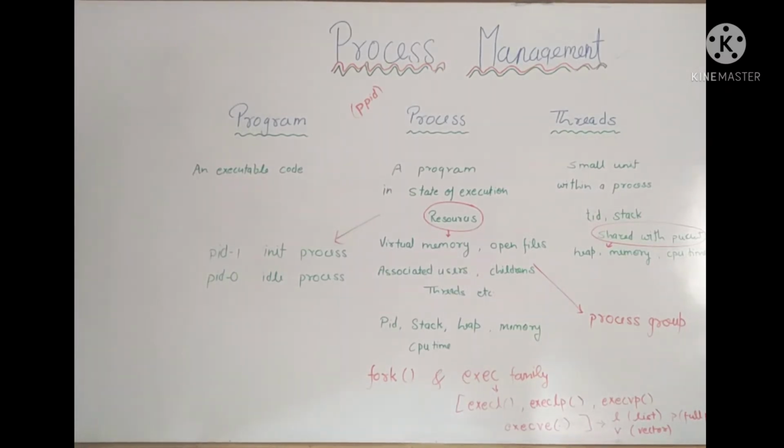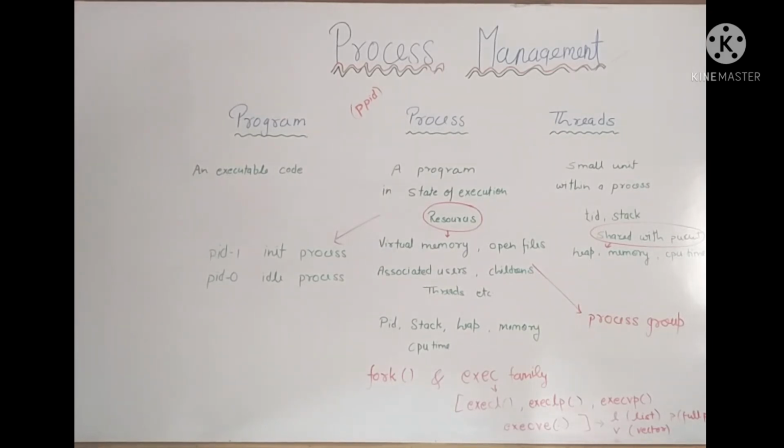They have different process ID, stack, and heap, but they share the same memory. If we want to replace a process with another task, we have to execute the exec family of calls. There are many calls.